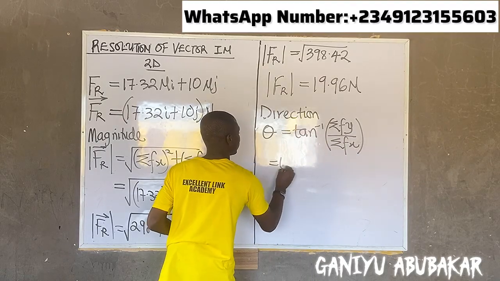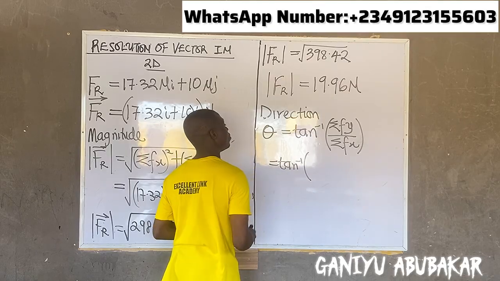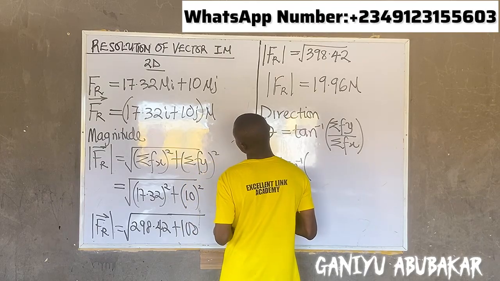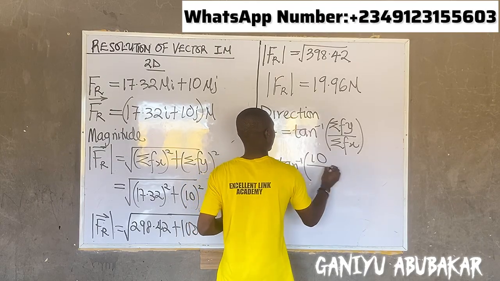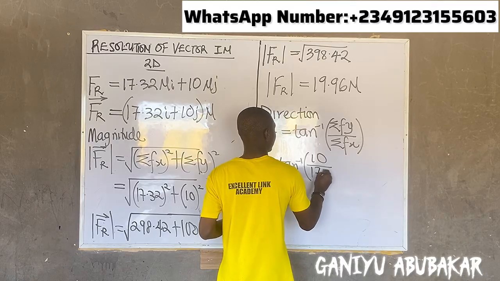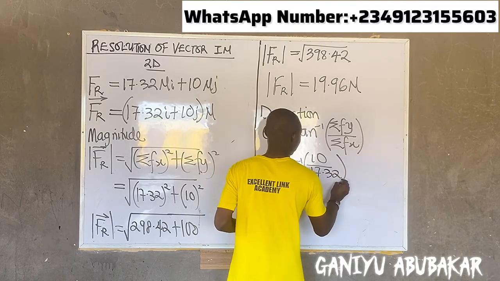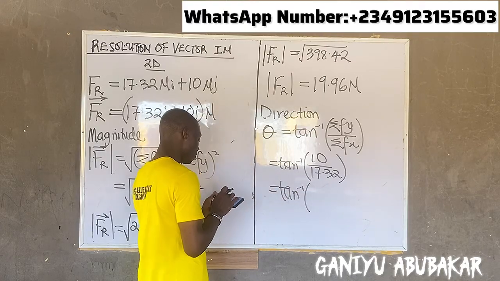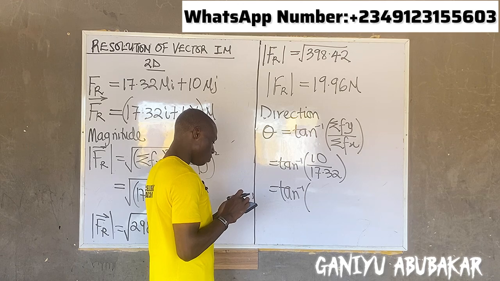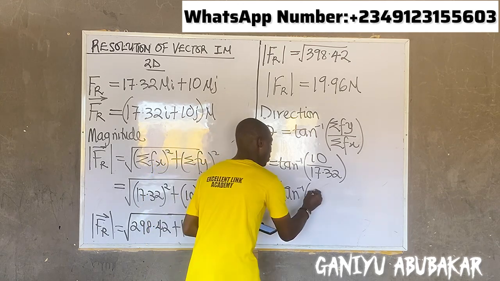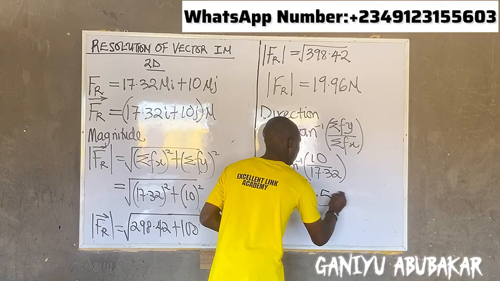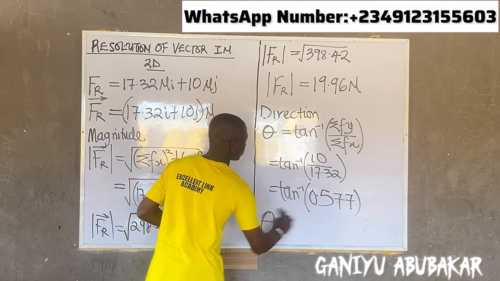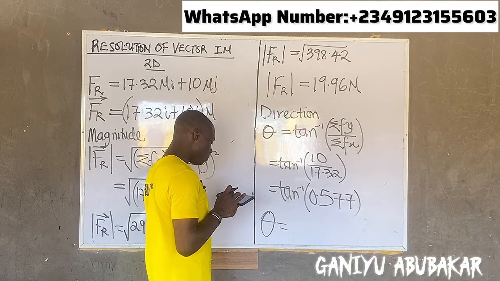That gives you tan inverse of 10 over 17.32. Dividing 10 by 17.32 gives about 0.577.